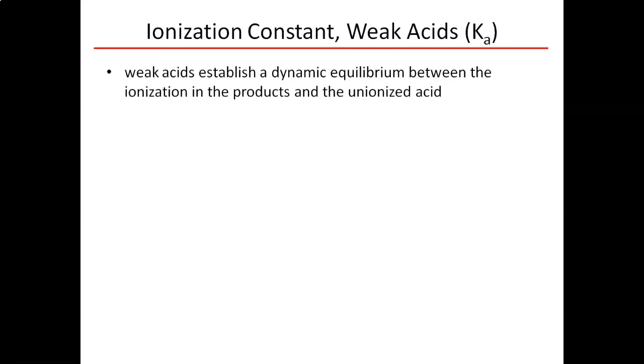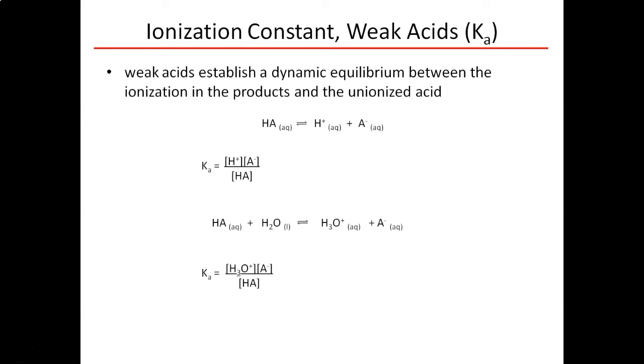Since they establish a dynamic equilibrium, that means that they have an equilibrium constant, and we can use all the strategies that we've developed for determining the concentration of the proton. But for an acid, we call our equilibrium constant an ionization constant, and we label it Ka because it's ionizing.